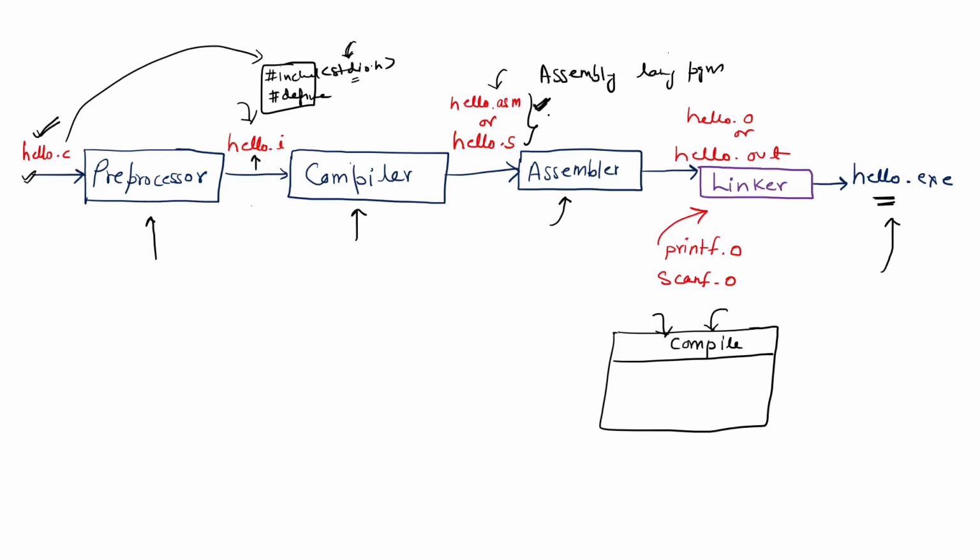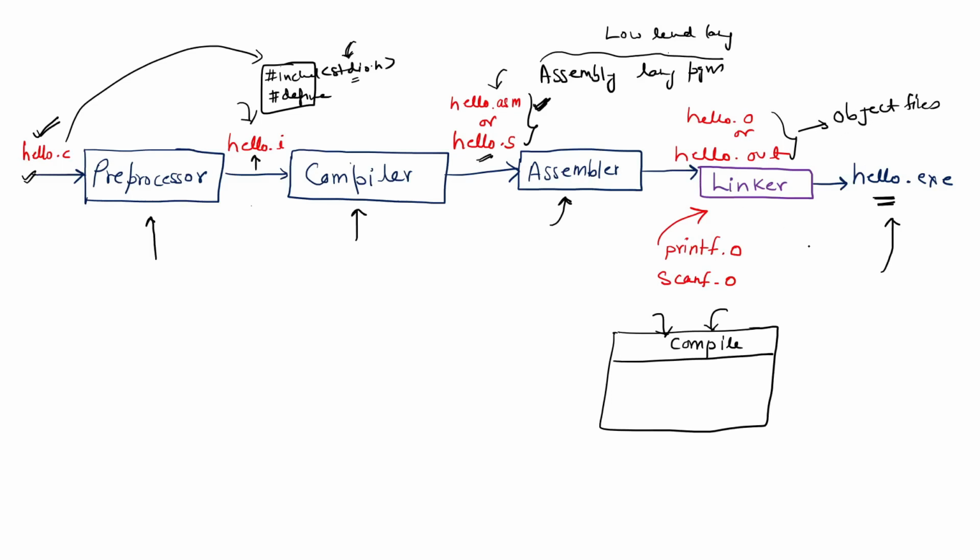This assembly language code comes under the category of low level language programs. After this assembly program is given to the assembler, it will convert this file into a hello.o or hello.out file. These are called object files. The files which have a .o or .out extension are the object files.